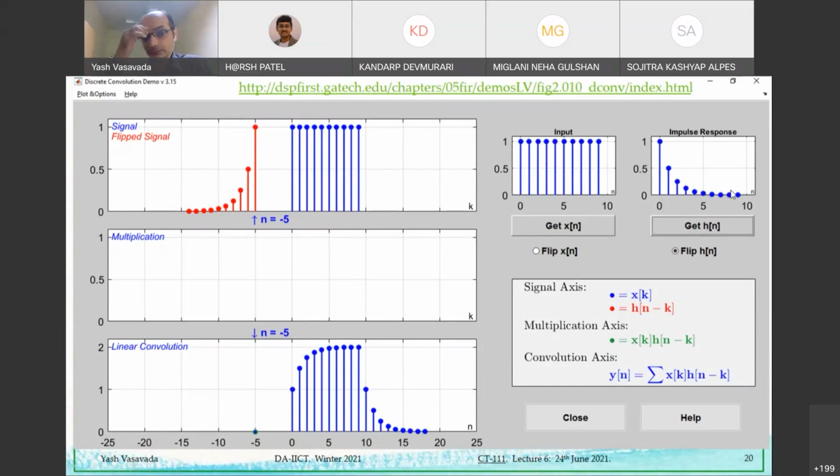And in these pictures, these are drawn for the k-axis. But the final output y of n is on the n-axis. We have to generate the output y of n, so that is generated over the n-axis.